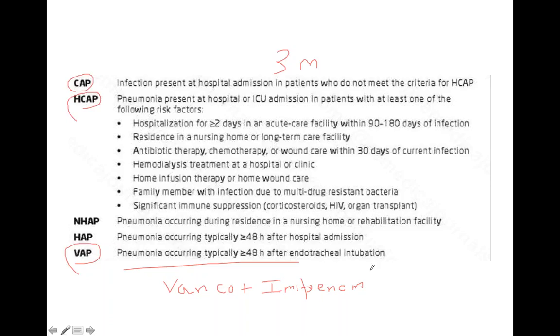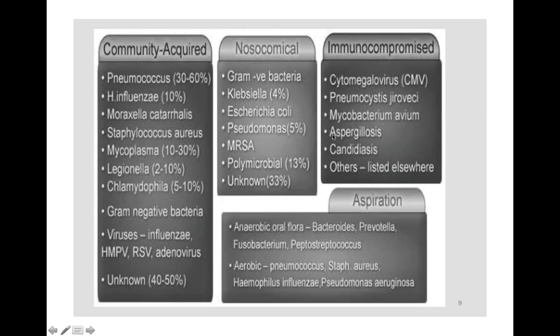Okay, so next we come to aspiration pneumonia. Like the patient is severely alcoholic, or the patient has some neuromuscular disease, like myasthenia gravis, or Parkinsonism, or ALS, or the patient has severe dementia. In all these cases, there is loss of swallowing reflex.